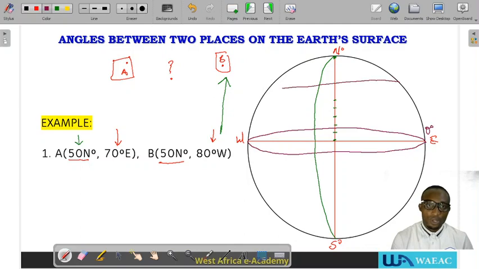So we draw a small circle around. Oh, my small circle is terrible. Please just manage it. Let me clean it. Sorry.